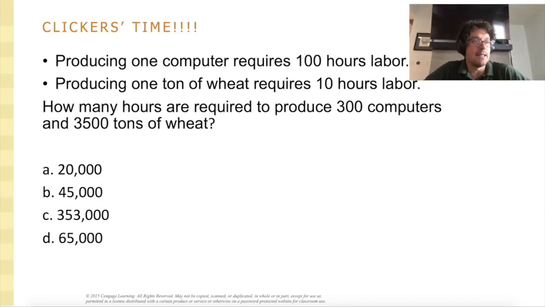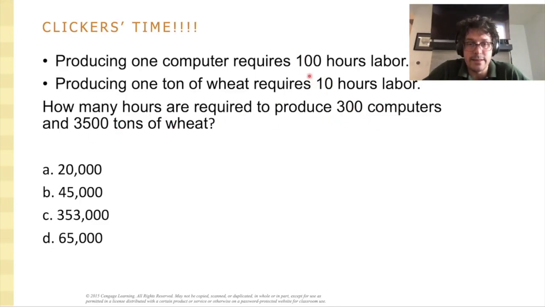So let us analyze now this other situation, where again it is the same technology, but now we are asking how many hours are required to produce the following allocation of two goods, particularly 300 computers and 3,500 tons of wheat. To produce this amount, we need 100 hours per computer and 10 hours per ton of wheat.